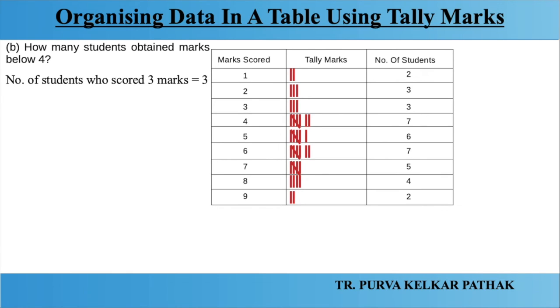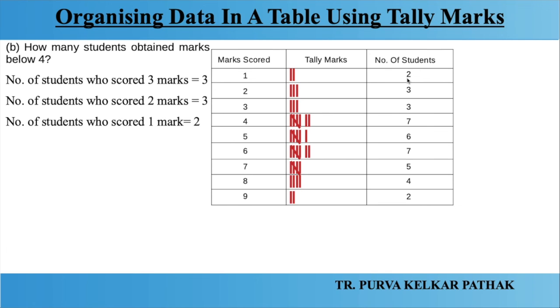How many students have scored 2 marks? It is 3. So, the number of students who scored 2 marks is equal to 3. And lastly, how many students have scored 1 mark? And the answer is 2 students. So, the number of students who scored 1 mark is equal to 2.